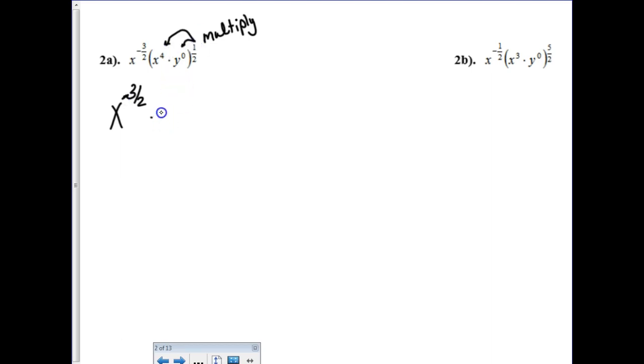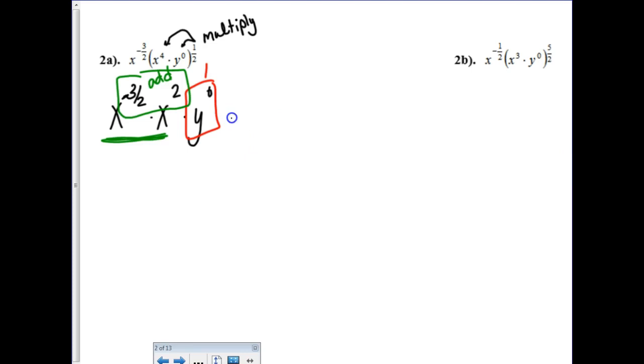4 times 1/2 on my calculator or in my brain would give me x to the second, and then 0 times 1/2, well, 0 times anything is still a 0. So at some point in your math, you need to remember that anything to the 0 power is just a 1. So this is like these guys times a 1, so this whole term can just be forgotten. It's not going to do anything, but I do need to collect my x's together because I'm going to take my exponents and add them together.